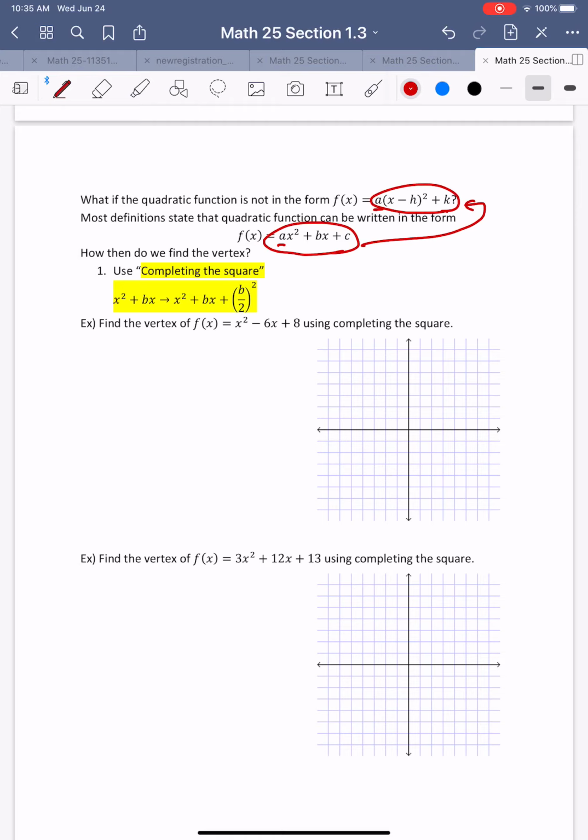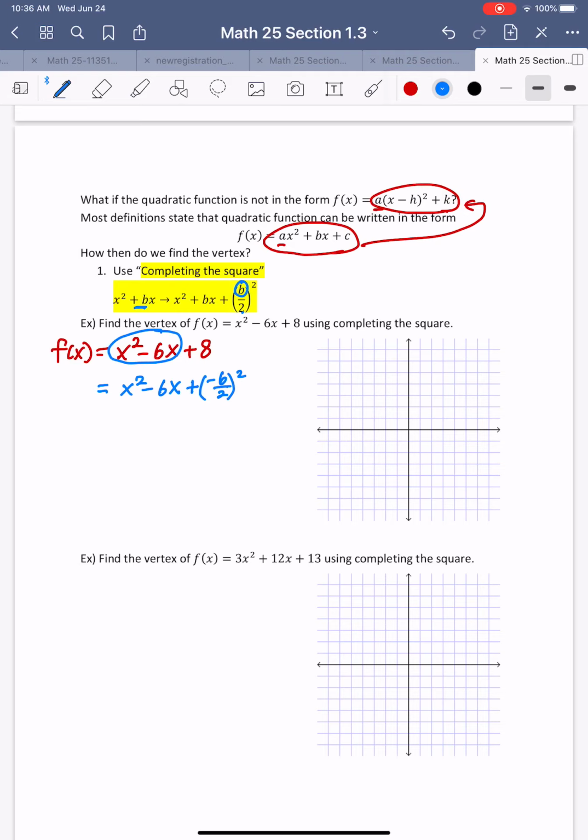All right, so first of all, our function is x squared minus 6x plus 8. Okay, and then in order to complete the square, we only use the first two terms. We only use this one. So b is negative 6. So I write x squared minus 6x, and then take the negative 6 out and divide by 2 and then square it.